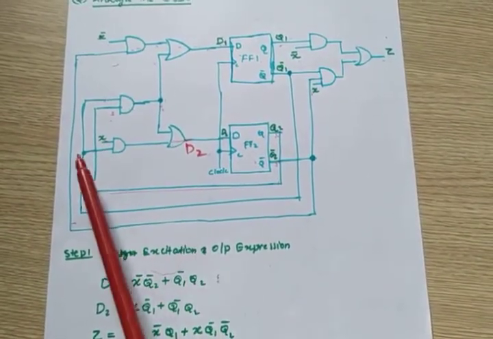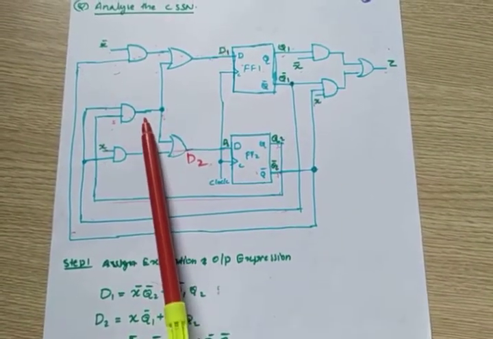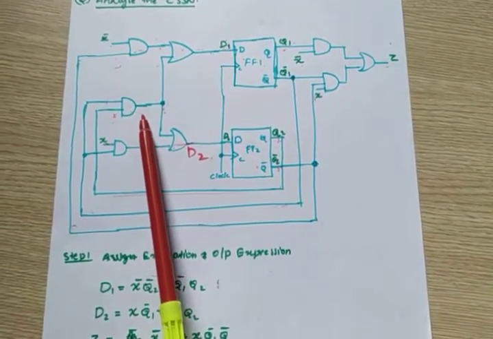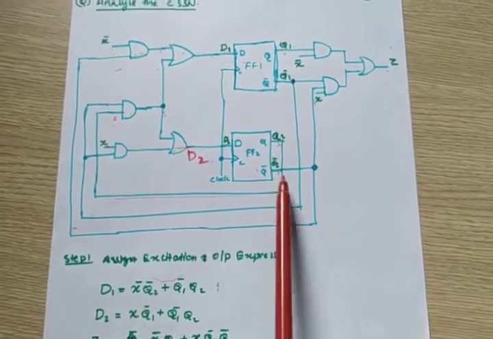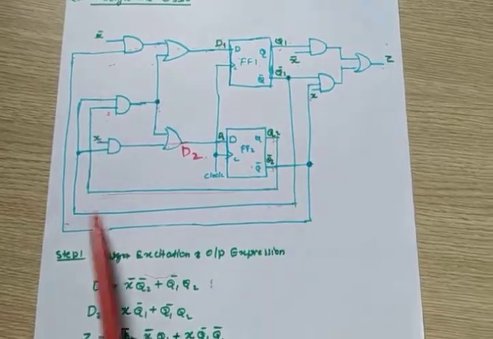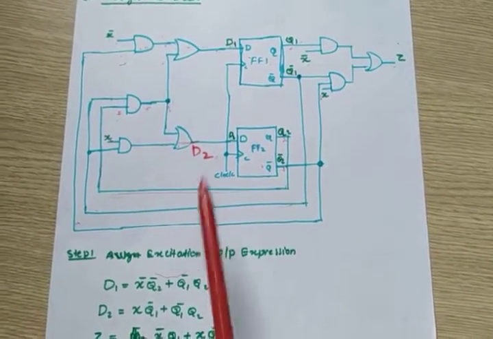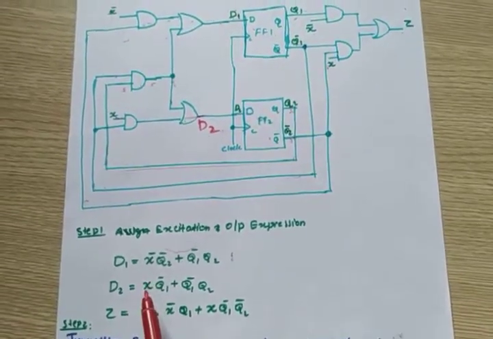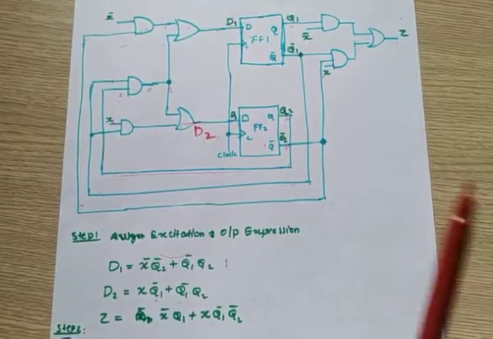This is X here, and this is Q1 bar. Plus this AND gate output, where one input is Q2 and another is Q1 bar. So D2 is equal to X Q1 bar plus Q1 bar Q2.